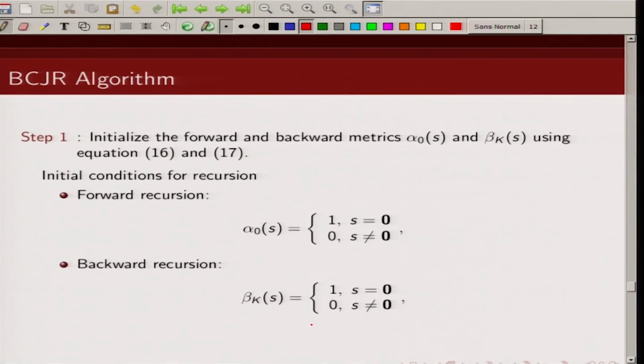And since we are terminating this encoder, beta at time t equal to 4 is 1 for state 0 and it is 0 for the other state, which is state 1. So, that is the first step, initializing the forward and backward metric for time t equal to 0 and time t at the end of the block. In our example, t equal to 4.